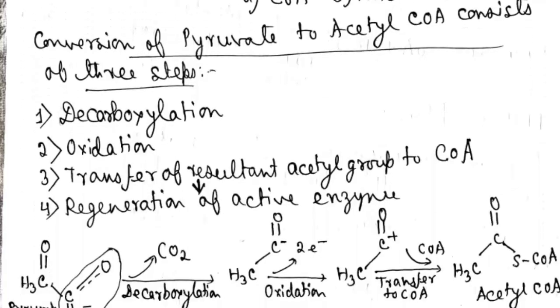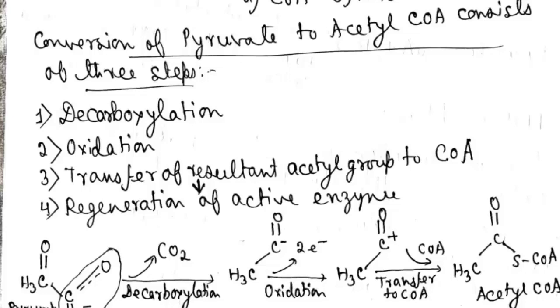Now conversion of pyruvate to acetyl CoA consists of 3 steps. One is decarboxylation, followed by oxidation, and last one is transfer of the resultant acetyl group to coenzyme A. Last of all, there is regeneration of active enzyme.